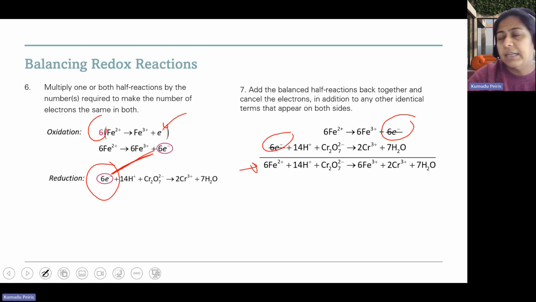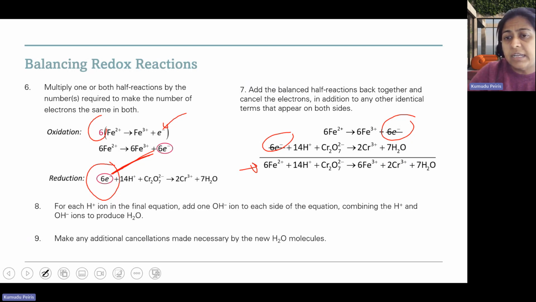Here is the net reaction. This is the balanced chemical redox reaction for oxidizing iron 2+ to iron 3+ by dichromate ions under acidic conditions, right? That's why we see the H+ ions in the reactant side.